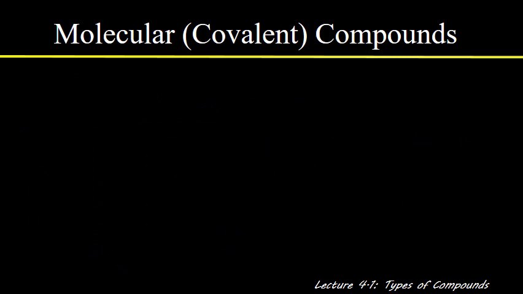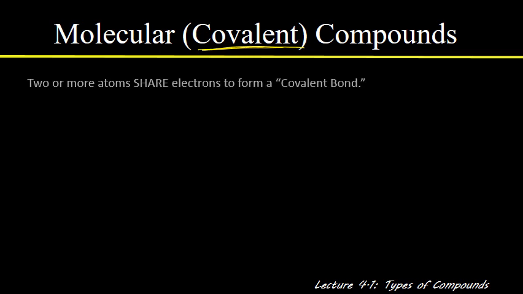All right, so molecular compounds, or covalent compounds, are molecules that are held together not by transferring an electron from one atom to another to make ions, but by sharing electrons. Right?